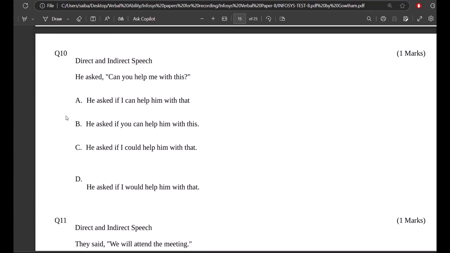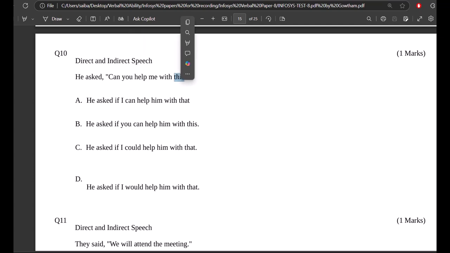Next one, again we have one more question. Same thing, we need to use here they have used if instead of that. He asked. Again here if you observe, can you help me with this? So can should be converted to could when we are writing in indirect speech. Okay. Next thing, even when you are mentioning you, it should be converted to I. Okay.